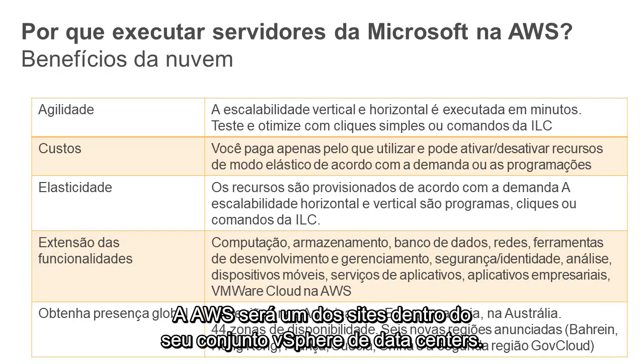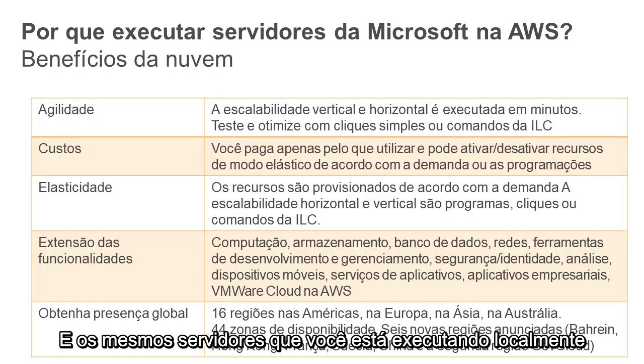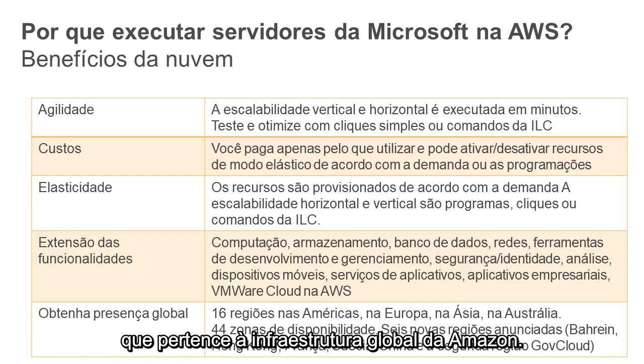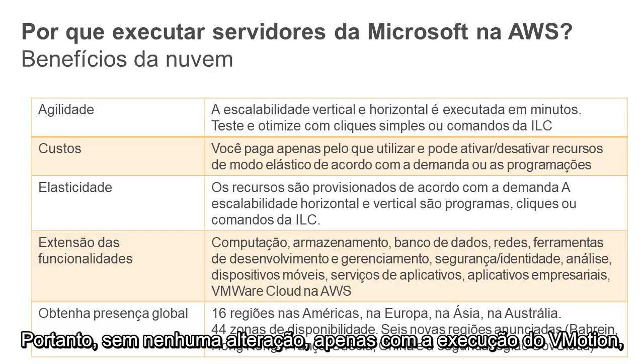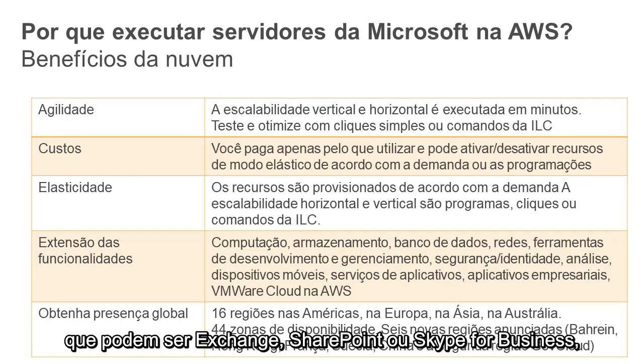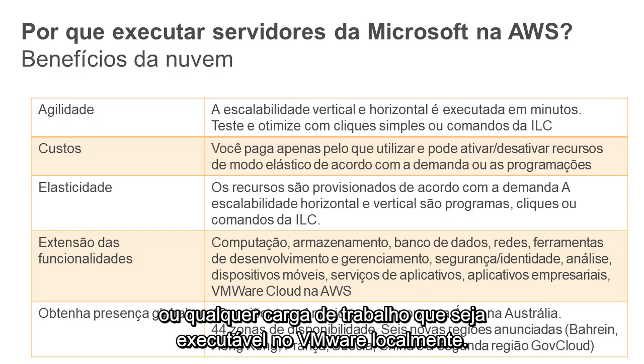AWS will be yet another site within your vSphere set of data centers, and the exact same servers that you're running on premises will be running in the AWS cloud on this VMware layer that sits in the Amazon global infrastructure. And so with no changes and just a vMotion, you can pick up and move entire farms, whether it's Exchange or SharePoint or Skype for Business or really any workload that would run on VMware on premises.